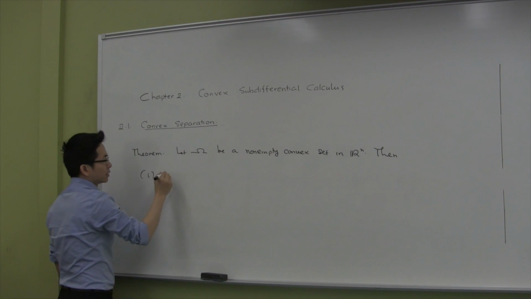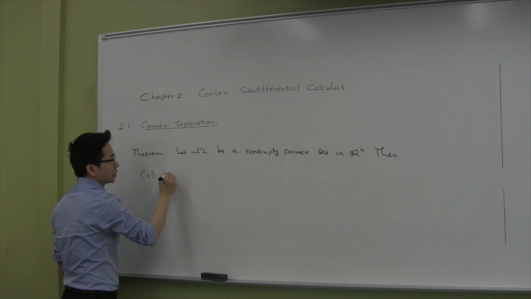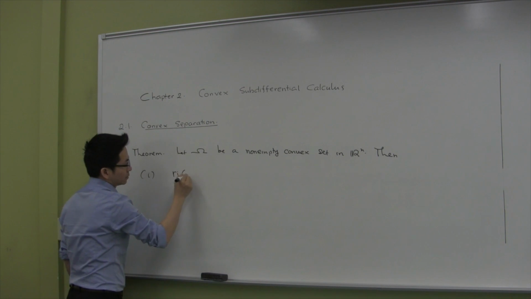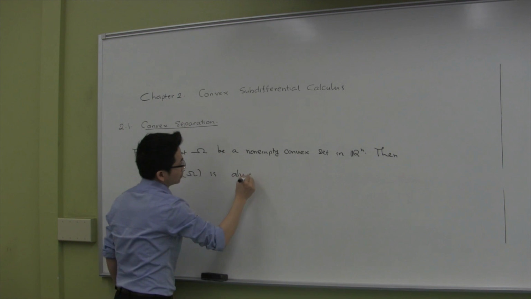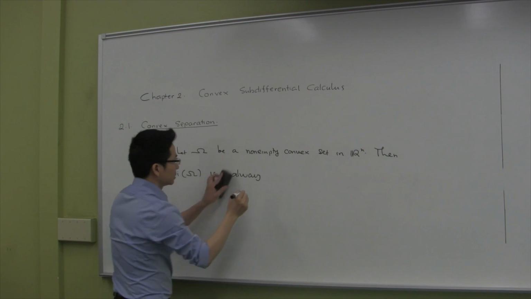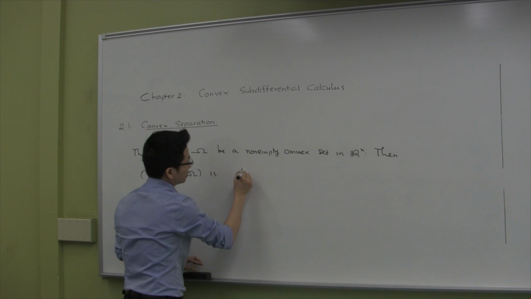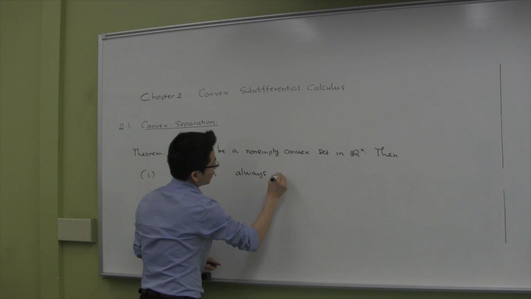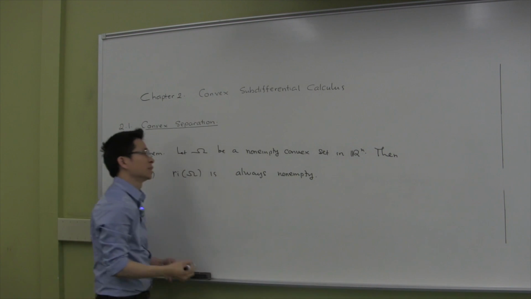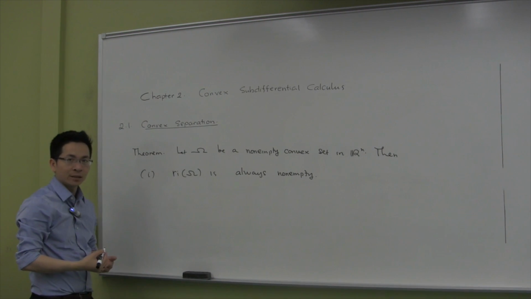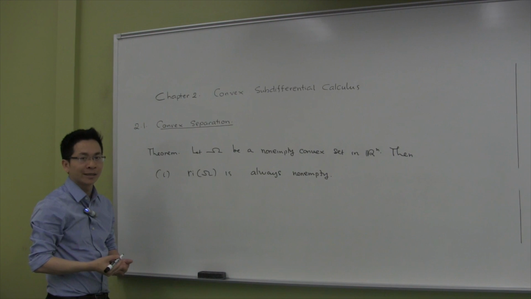The relative interior of omega is always non-empty. Okay, that is a very important property that we're gonna use later.